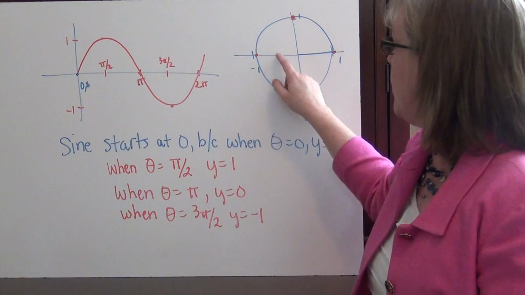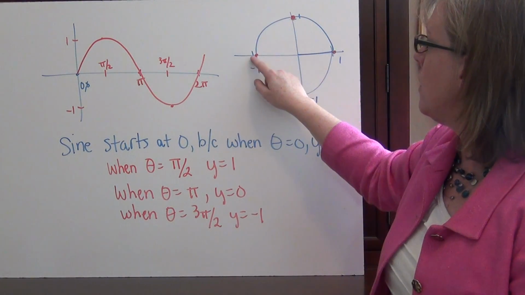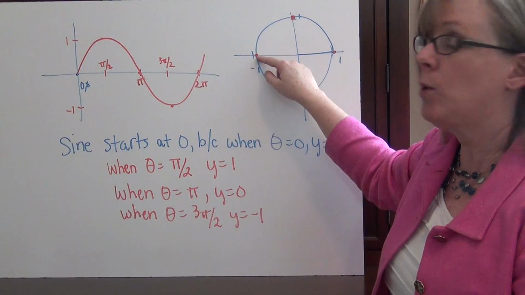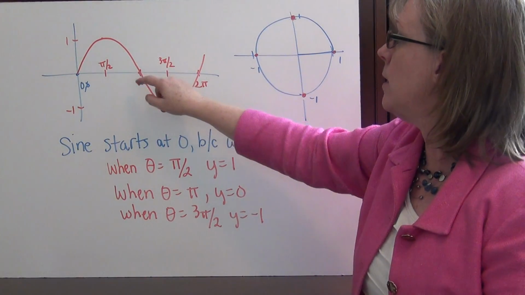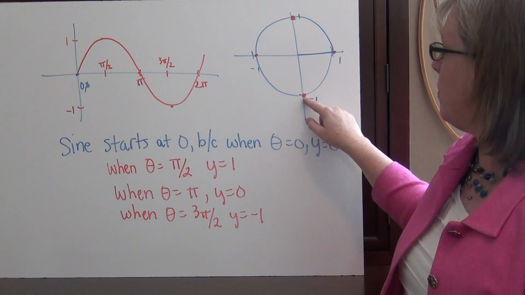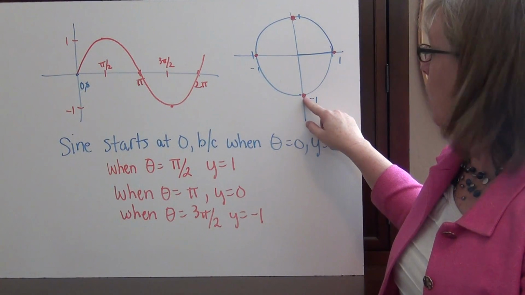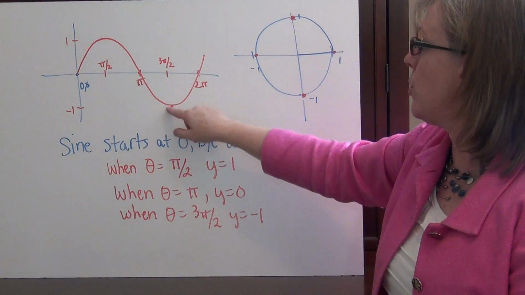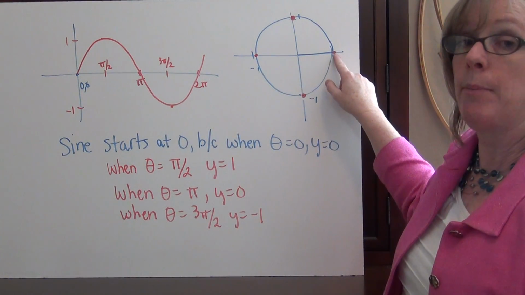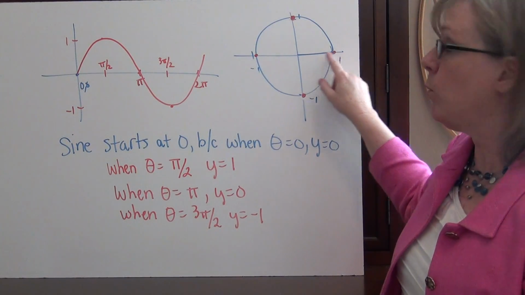When I come back over here to pi, see I'm moving around, and I've got to pi, look, I'm not moving up or down with my y anymore, so my y equals 0. Now I keep moving around, and now look at my y. I hit my bottommost level of my y at 3 pi over 2, and here it is. And when I come back around to the end, 360, I'm back where I started, where y equals 0.